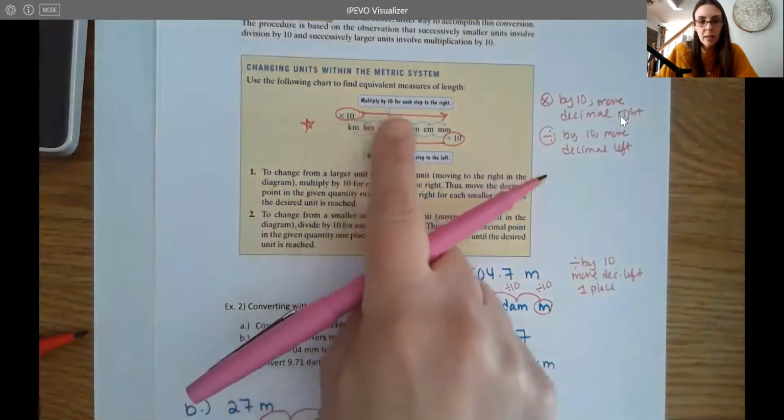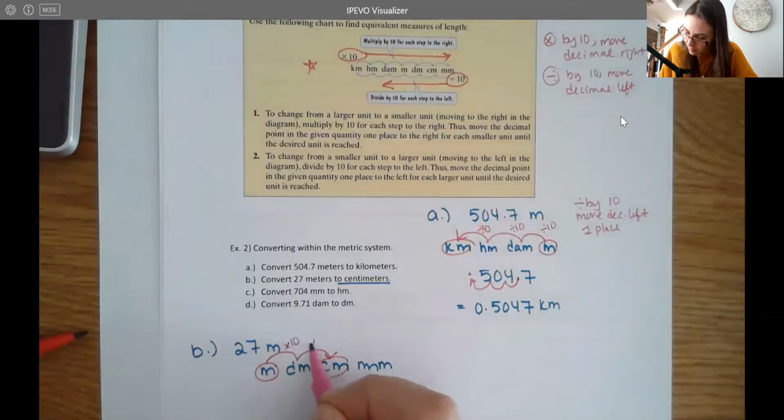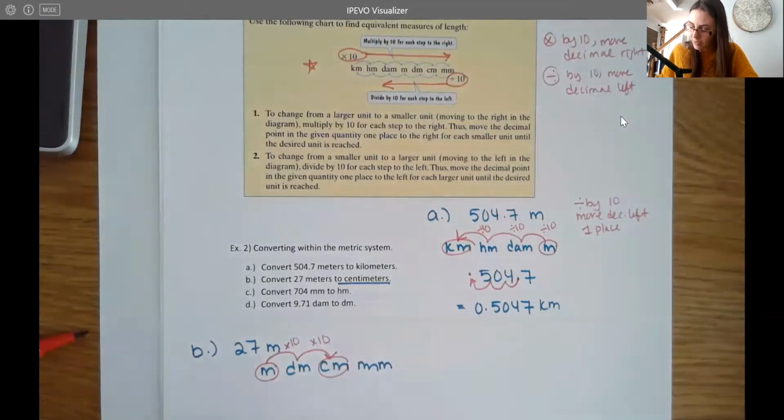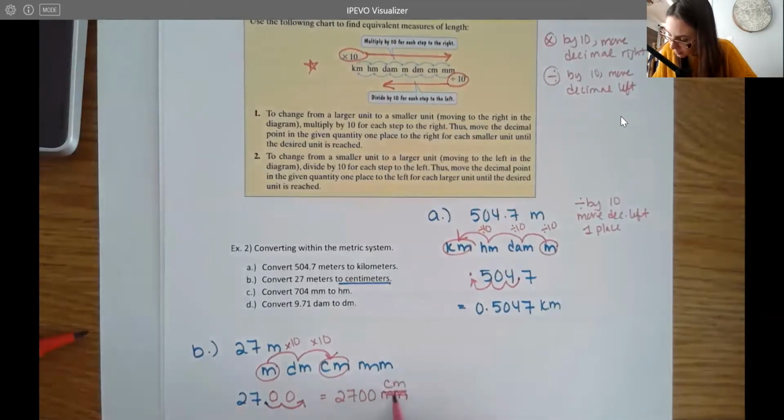If I'm moving to the right, I'm multiplying by a power of 10, so times 10 times 10. I take that 27. My decimal point is on the right if it's not there, and I'm going to move it 2 times to the right, 1, 2. I fill in with zeros. So this becomes 2,700 centimeters.